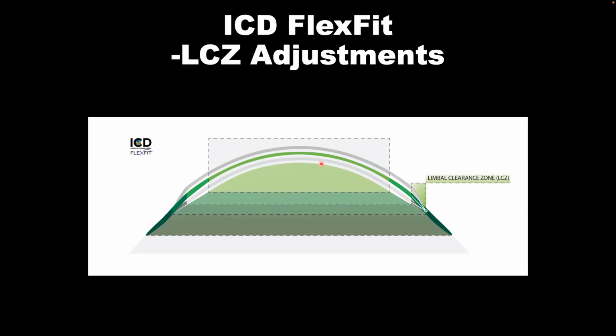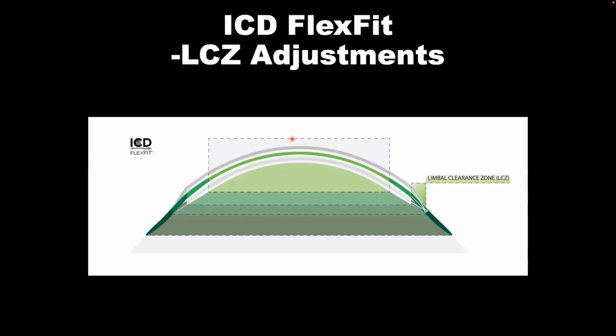But let's say you have 200 microns here and you want to leave 300 microns, just going 125 microns here, that will raise up here to 325. And 25 microns is very uncommon for the eye to see.